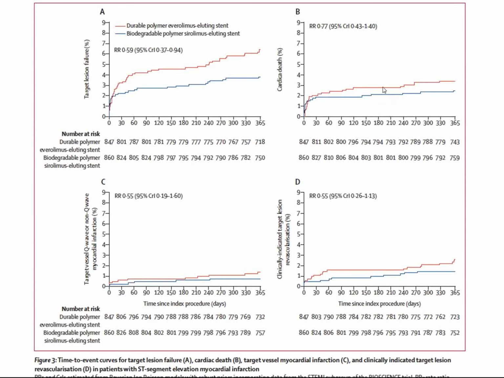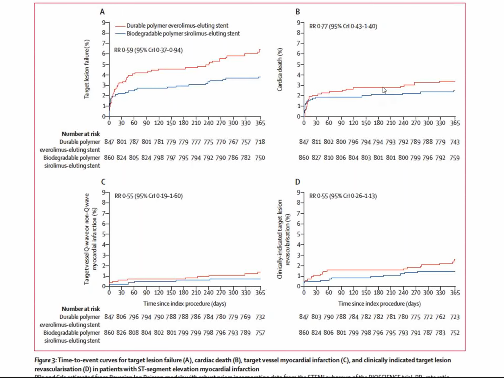These are all relative risk ratios, not p-values. And whether or not we would be able to detect this clinically in our patients, I'm not certain. But the authors argue for the biodegradable stent. And here's a forest plot looking at the differences. So this is an example of two modern stents compared.